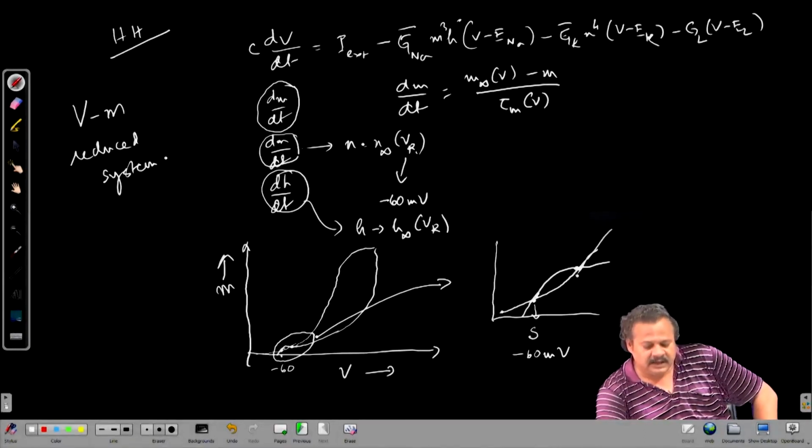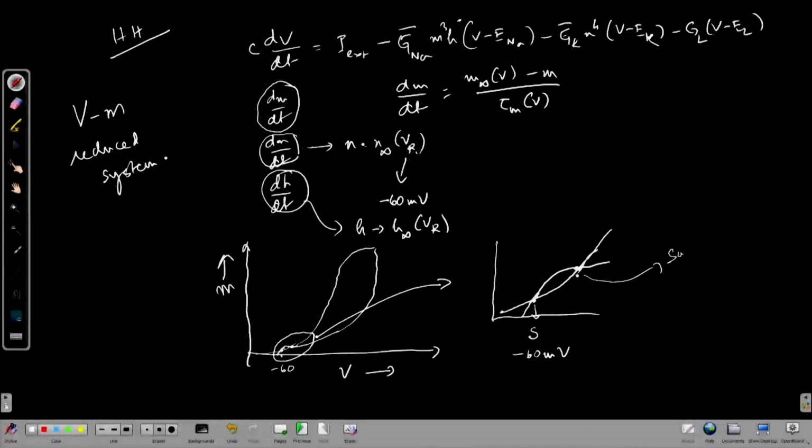The next one again turns out to be a saddle node. And the last one at the top is when m has actually reached 1, at a voltage of around 53 millivolts, which is like the sodium reversal potential.